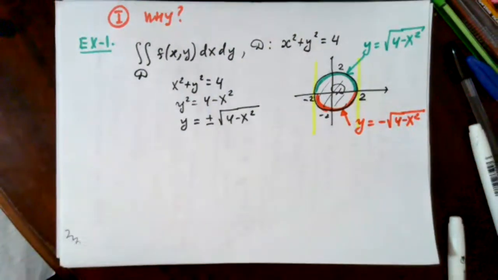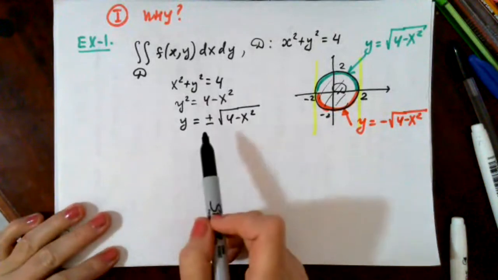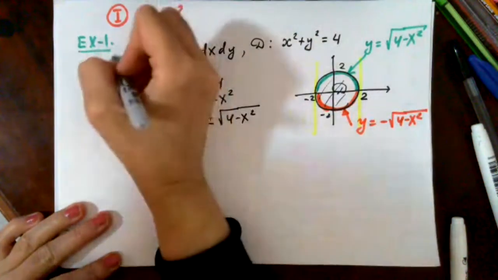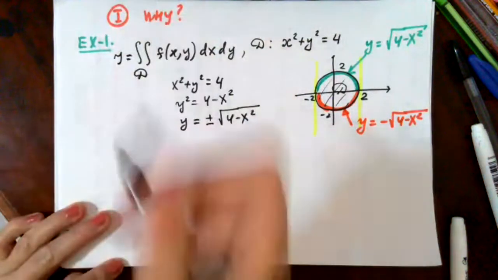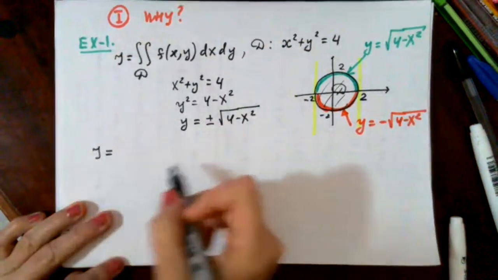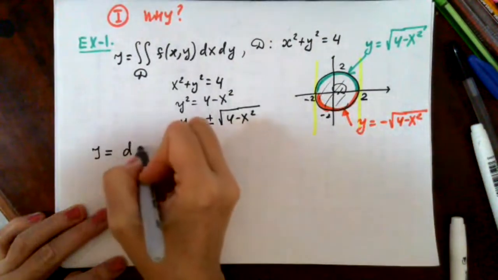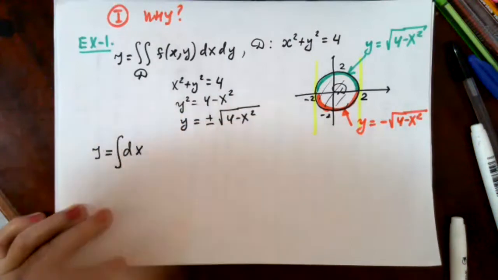So it seems like we have no problems of transitioning into a repeated integral. Let's denote this integral I as usual, because I'm sort of lazy to repeat it. And so I'd better write it here. So as our region is squeezed between two vertical lines, it means that we need to start with dx.